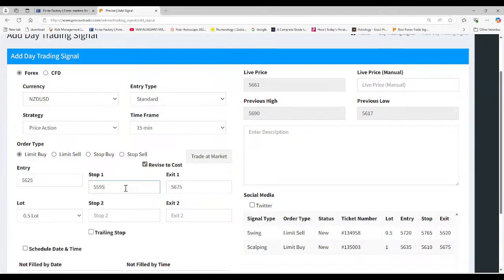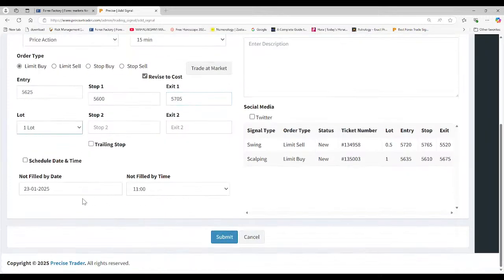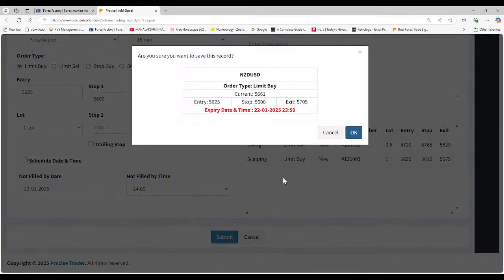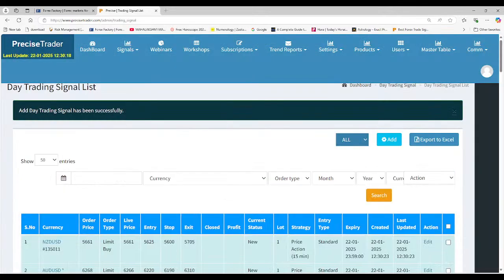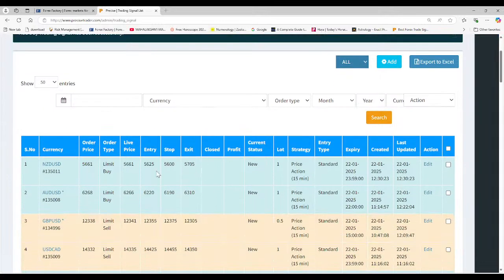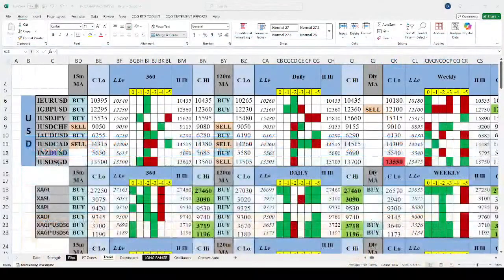I don't think we have nothing to lose. 56 and 57.5705. So this one will go one lot, and we'll give until the next second time belt, which is 12 o'clock. So this is going to be a buy and hold.